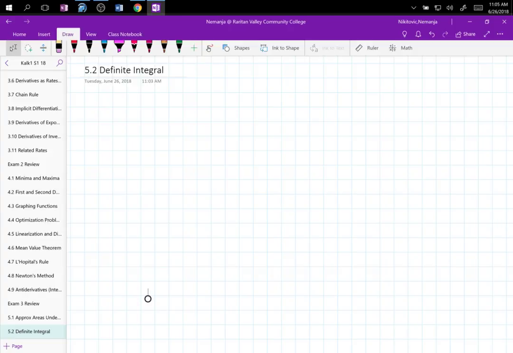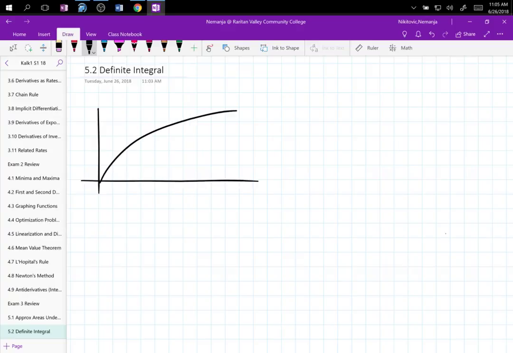Today we are going to take a look at a definite integral, and we're going to look at the exact area under the curve. So what have we done yesterday? Yesterday we took a function and divided the area under that function into rectangles.